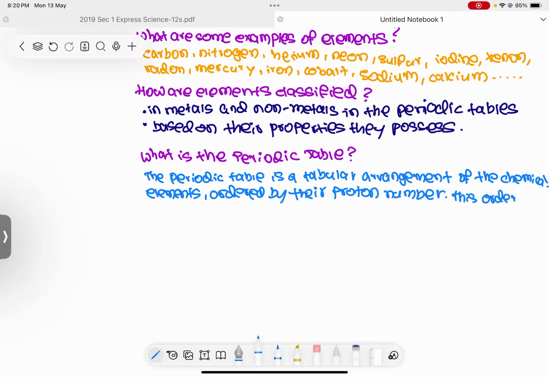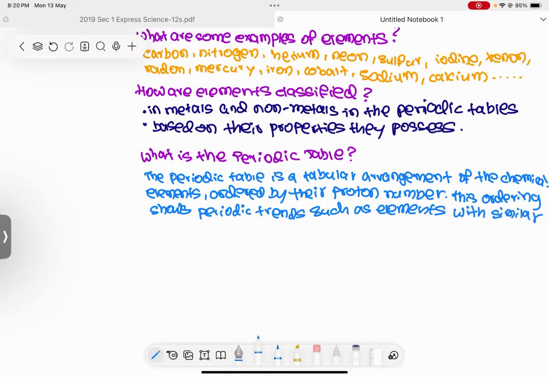This ordering shows periodic trends, such as elements with similar behavior in the same column or groups.